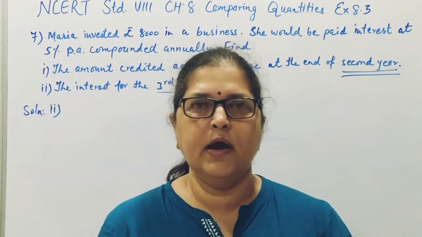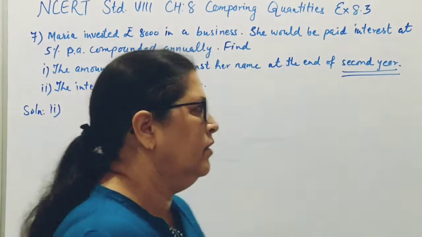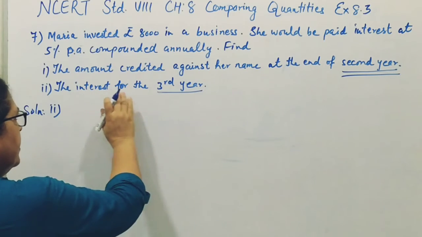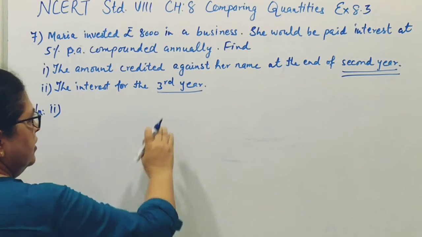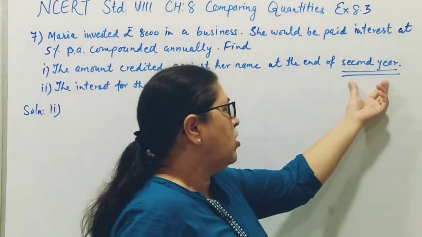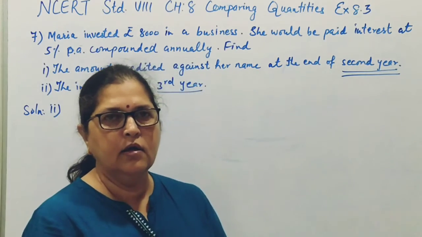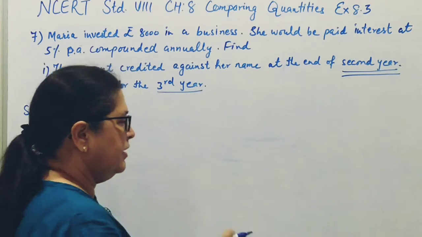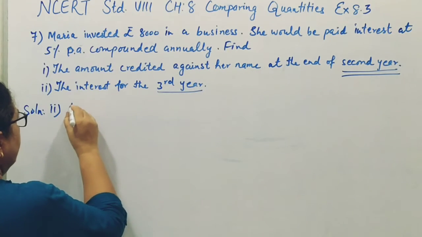Next, second part of question number 7. Here we have to find interest for third year. We know that in case of compound interest, amount at the end of second year will become principal for the third year. So let us start.